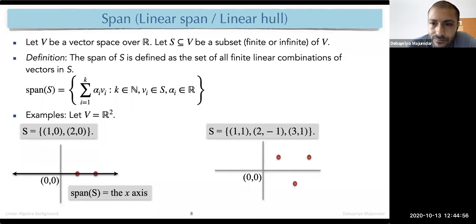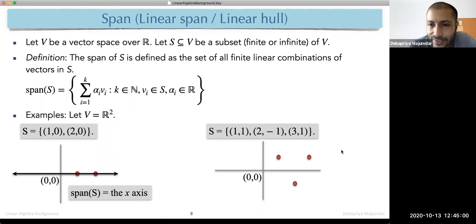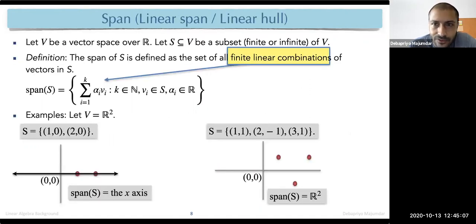This is a whole 2D plane, obviously. You can actually make any point with these. So this is R2. With any finite combination, you can make the 2D plane. We will see that this spans R2.